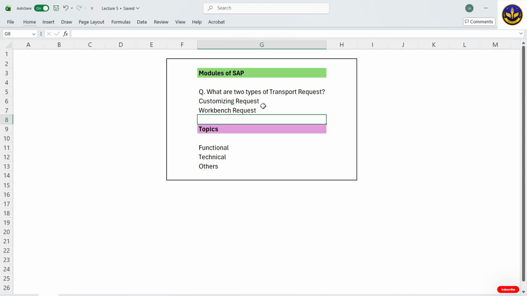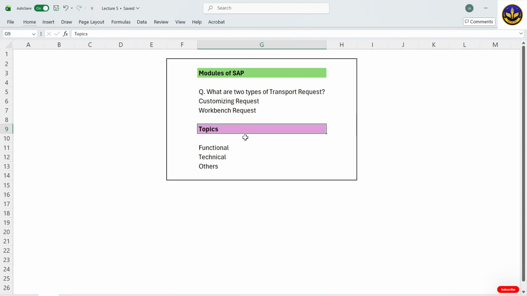The first request is generated when any functional consultant makes configuration changes, while the workbench request is generated when ABAP development takes place by a technical person.